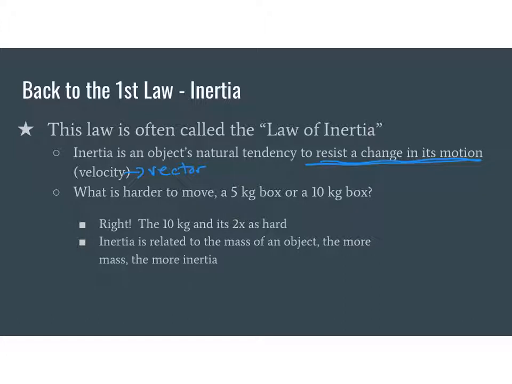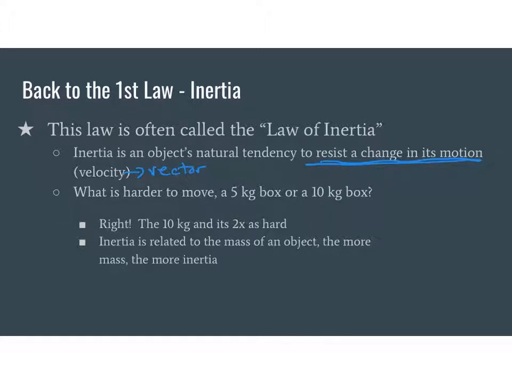The 10 kilogram box is going to be twice as hard to move, or to change the motion of, than the 5 kilogram box. Now, inertia doesn't have a direct measurement, but it's directly related to mass. If something has twice the mass, it has twice the inertia. More mass, more inertia; less mass, less inertia.